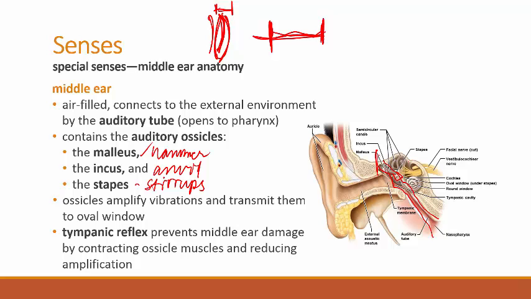Okay, so the middle ear is an air-filled space, and it's lined with mucous membrane, as most of the internal cavities of the body are. It's connected back to the pharynx by the auditory tube.